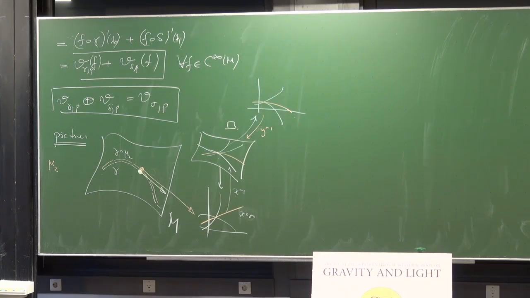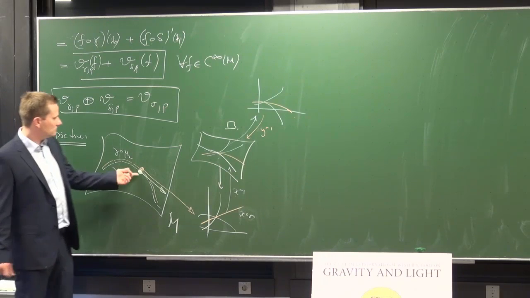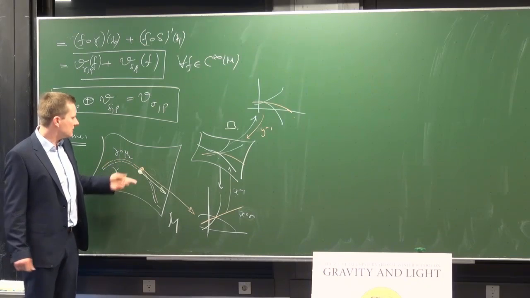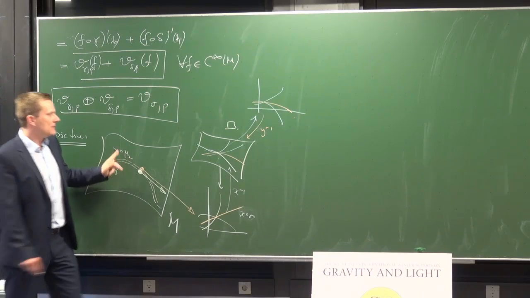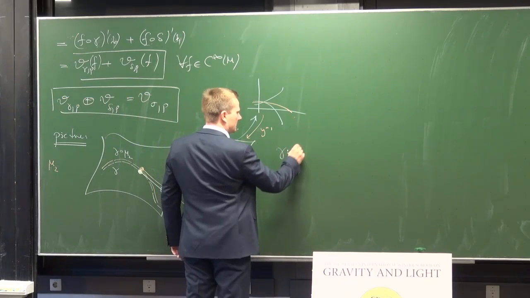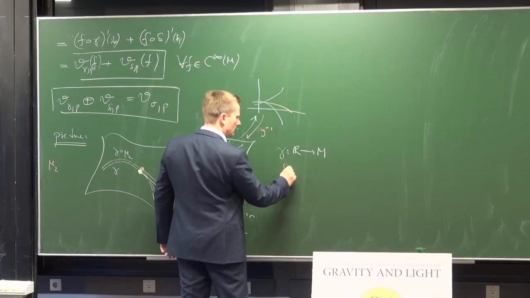Where is the problem in thinking of the sum in the same way as we did here? You can't, because here you can provide this by scaling the parameter, but the curves gamma and delta land here.